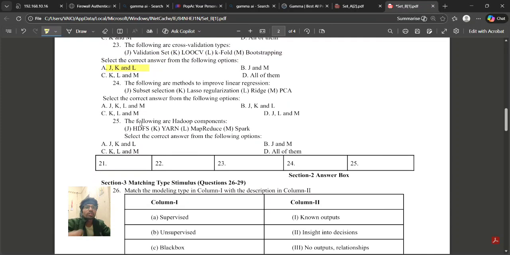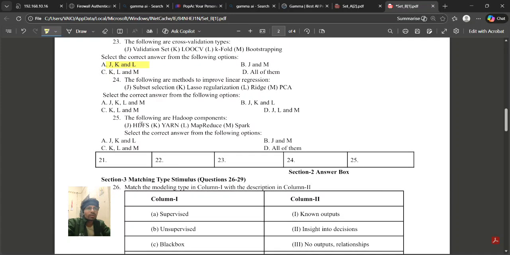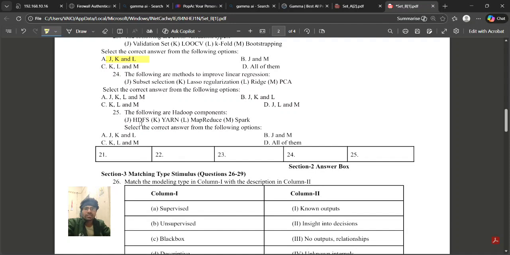Now go to question number 24. It's all about improving linear regression. Subset selection J: yes, selecting the best features improves the model.